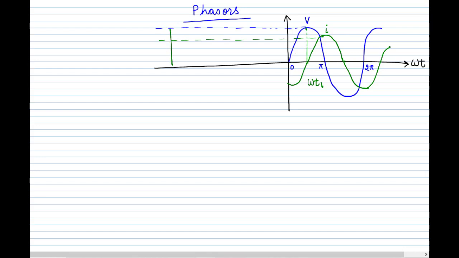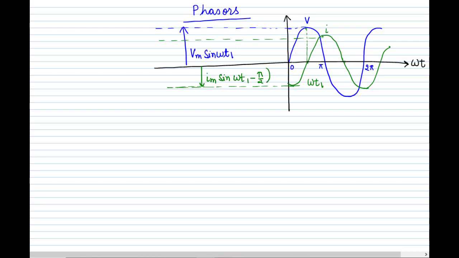So this is the amplitude of Vm sin omega t1. So this is Vm sin omega t1, and if you take here, then this is Im sin omega t1 minus pi by 2.